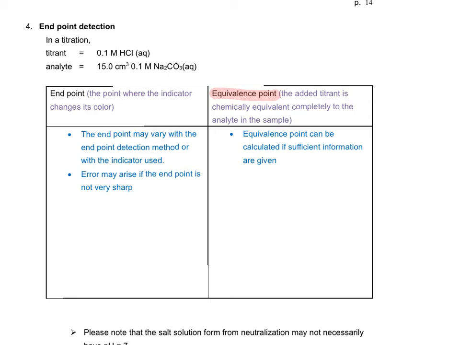For example, if we have hydrochloric acid placed in the burette and the conical flask contains this amount of sodium carbonate, we can immediately work out that we need 30 cm³ of hydrochloric acid to complete the reaction. So one way to increase the accuracy of our volumetric analysis is to find a method which can signal the endpoint as close as possible to the equivalence point.